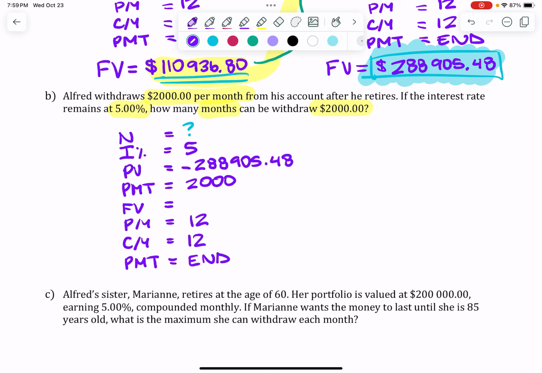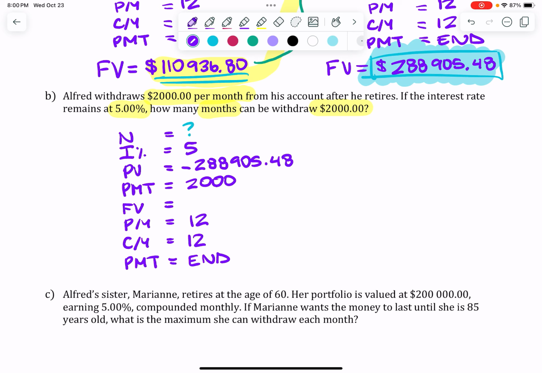Now, when I take a look at this, what will cause Alfred to stop withdrawing? Either A, Alfred passes away, but we have no indication about Alfred's health, so we're just going to assume Alfred's going to live forever. He's going to just keep on withdrawing money. When else would cause Alfred to stop withdrawing money?